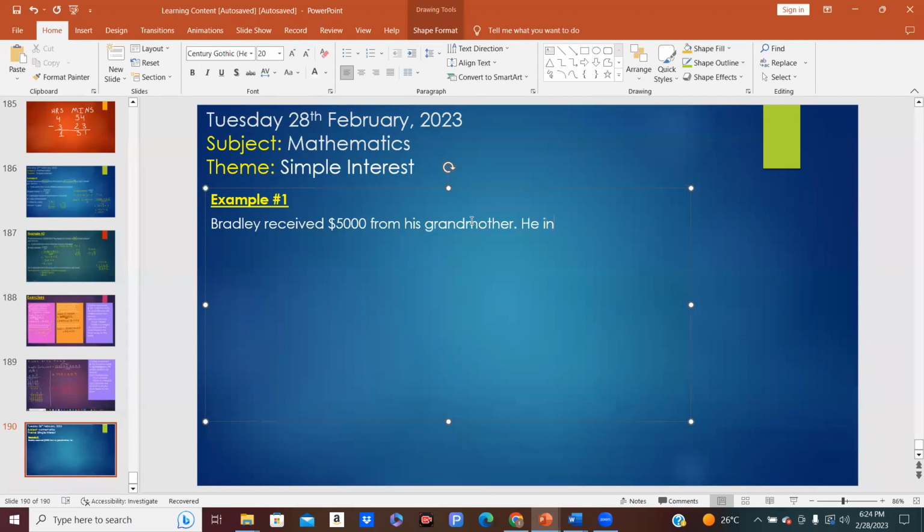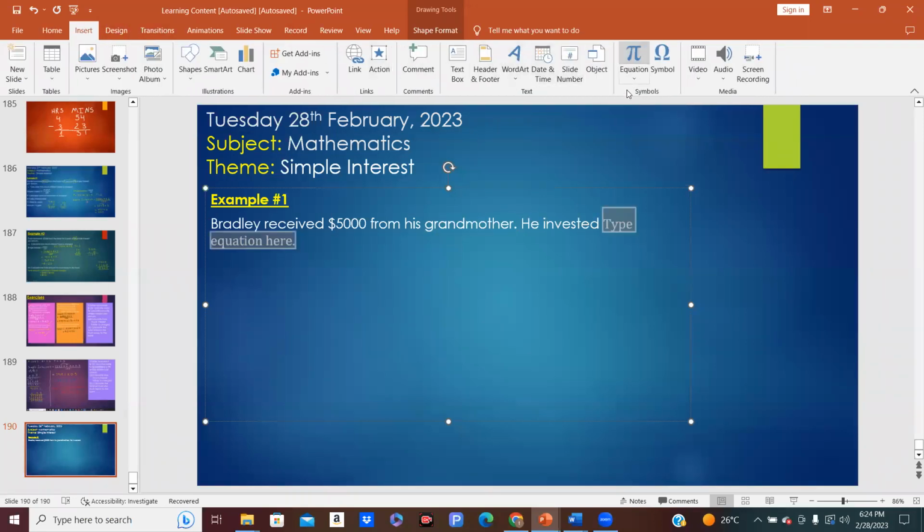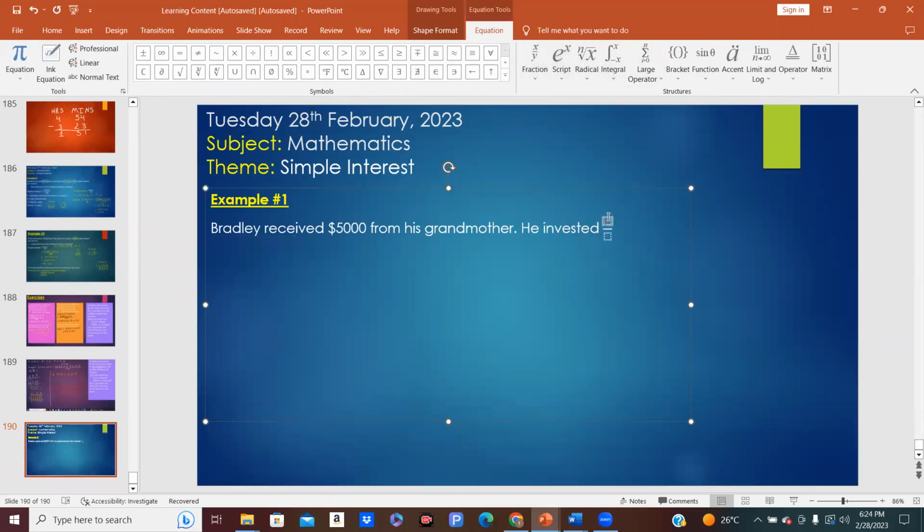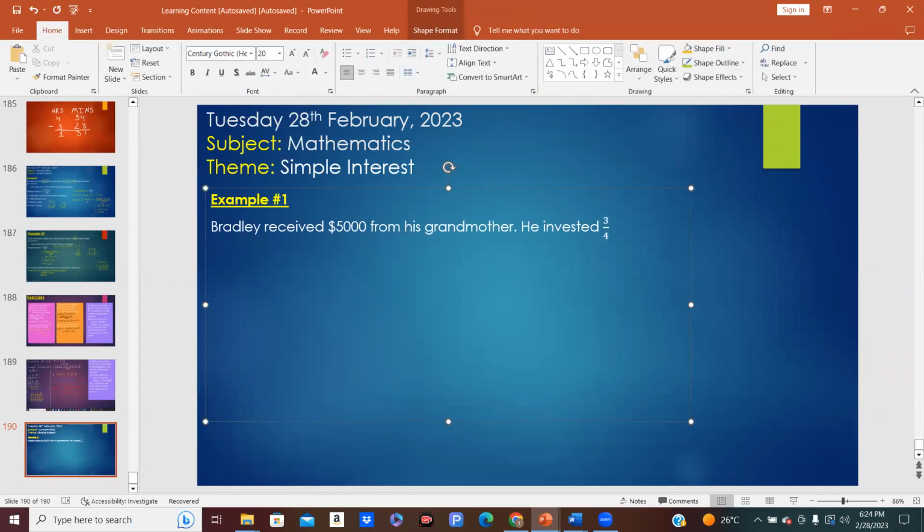He invested 3 over 4. Again, make sure I write this down, please. He invested 3 over 4 of his money.